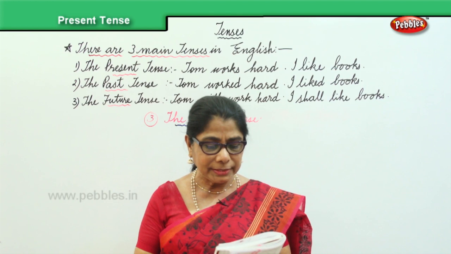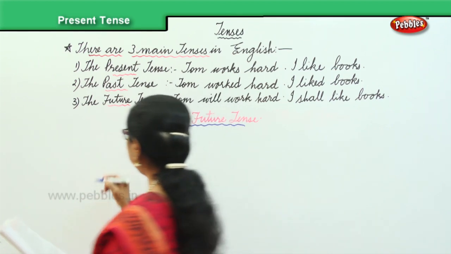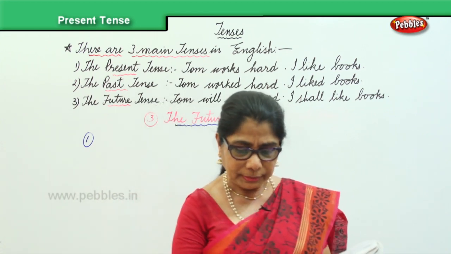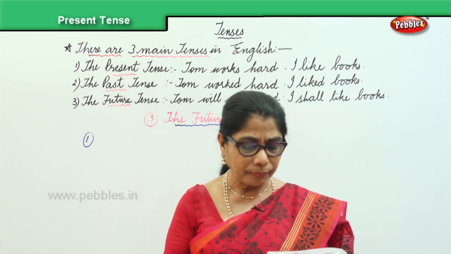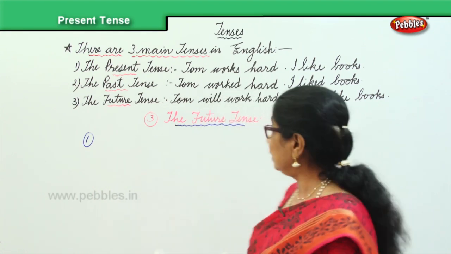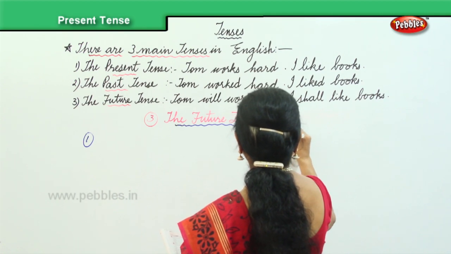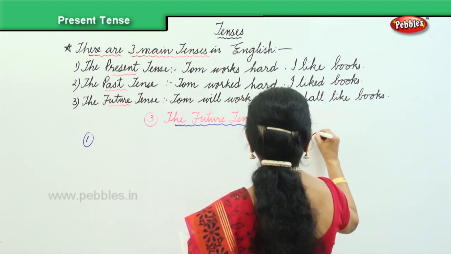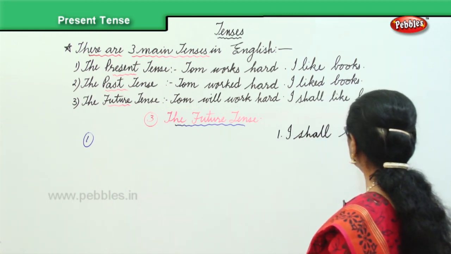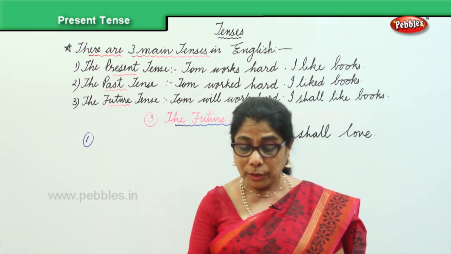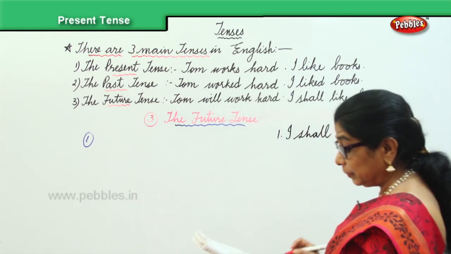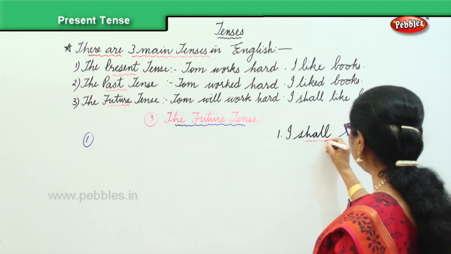Okay, the first type. The sentence I have here is, I shall love. And now the verb we are looking at is shall love. What is it? I shall love is the verb.